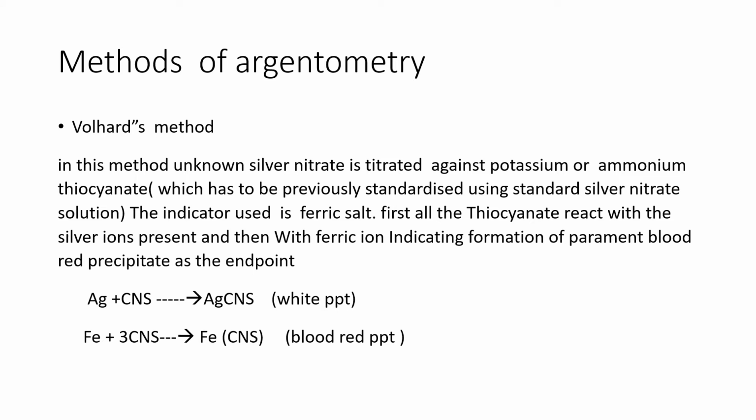First, all the thiocyanate reacts with the silver ions present, and then the ferric ion indicates the end point by formation of a permanent blood red color. You can see silver plus thiocyanate gives silver thiocyanate, a white precipitate. Then the ferric ion reacts with thiocyanate, giving ferric thiocyanate, the red blood color.